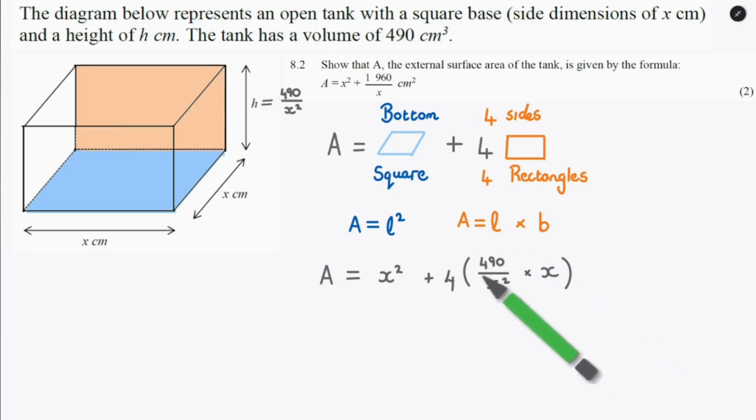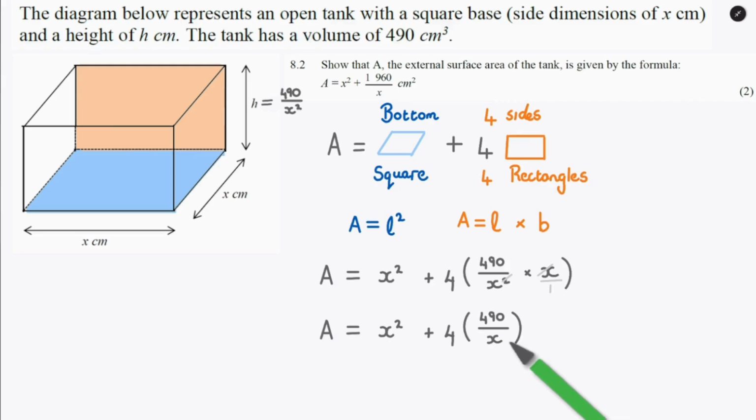Now we're going to focus our attention towards simplifying this mess. So the first thing I do to cope with my algebraic fractions here is put this x over 1, and then this x will cancel with one of those x's, and I'm just left with 490 over x now.